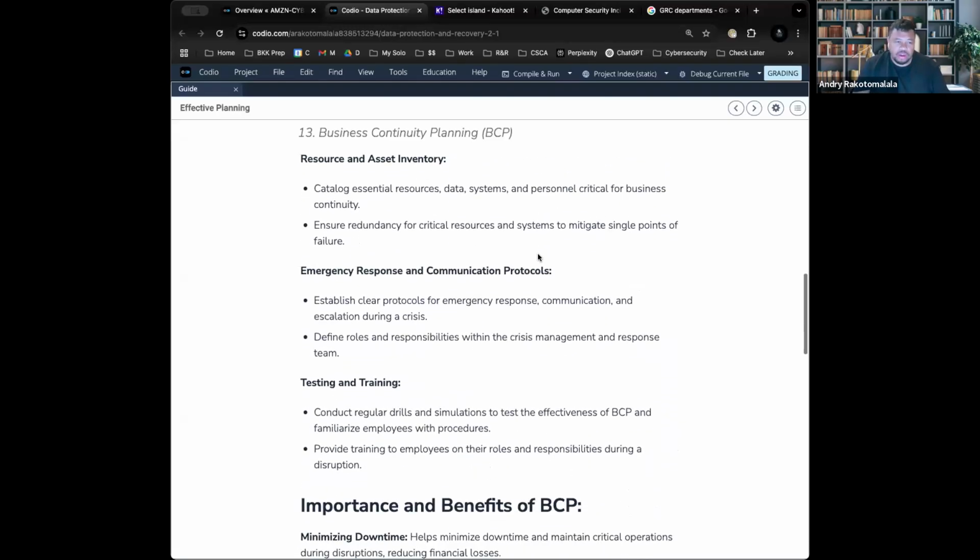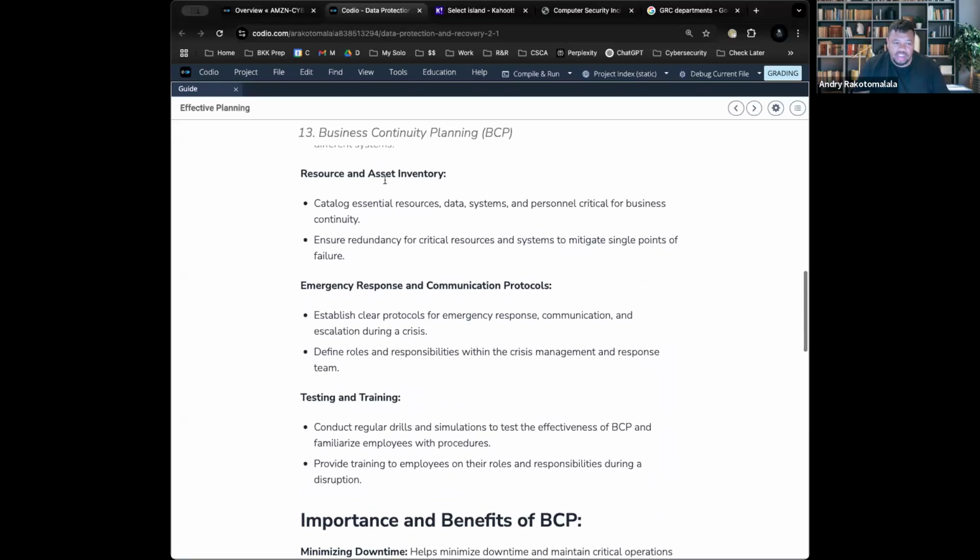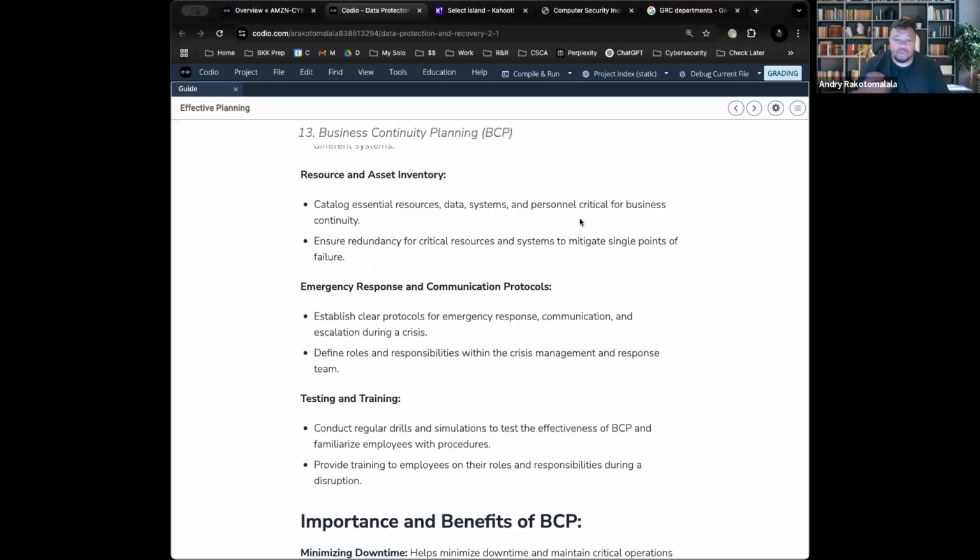And then there's resource and asset inventory. So resource and asset inventory is just making sure you have a catalog of all the data and all the systems. You have a list of all the personnel that work in your organization or department so that you can have a head count. An example is when we had an earthquake in Bangkok. All of the managers had to take a head count of all the employees to make sure that they were safe.